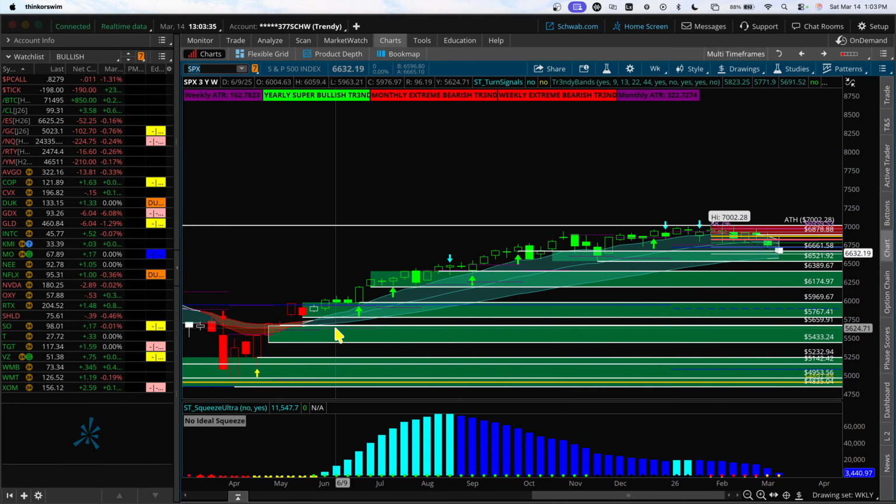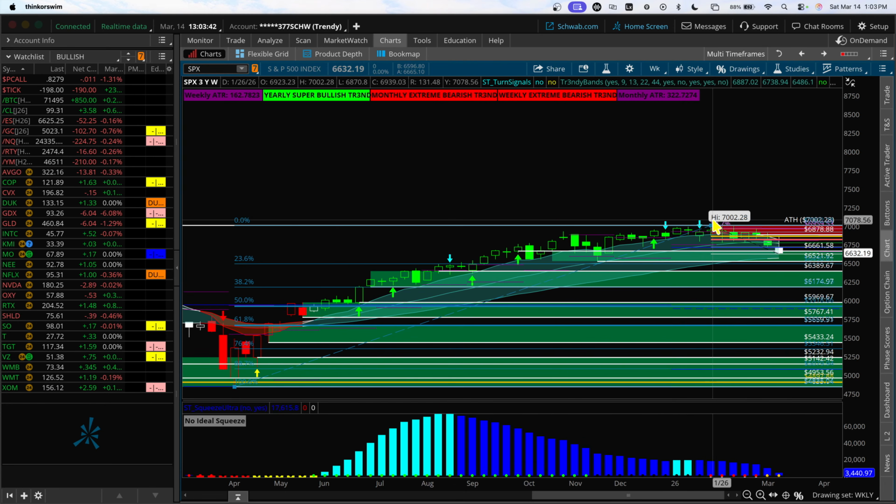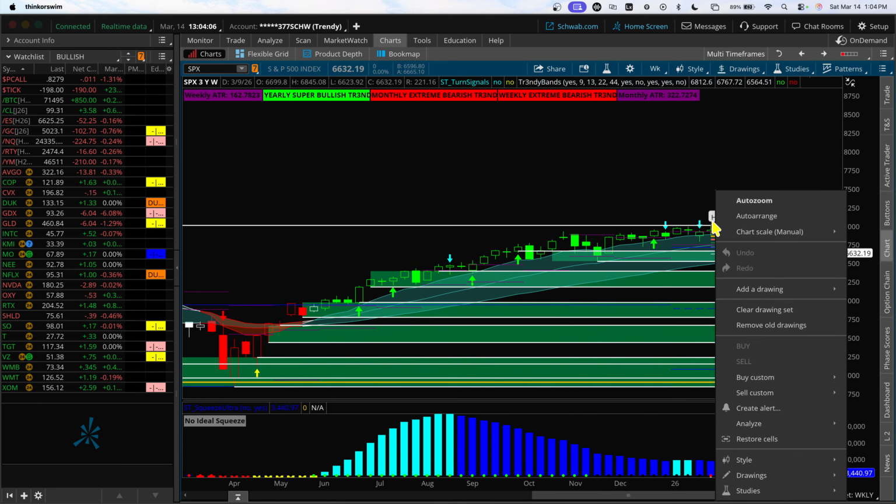Now, from the big picture perspective, measuring Fibonacci, measuring everything that I use, we are still in a bullish trend. We have not even pulled back to the 23.6 Fibonacci level.